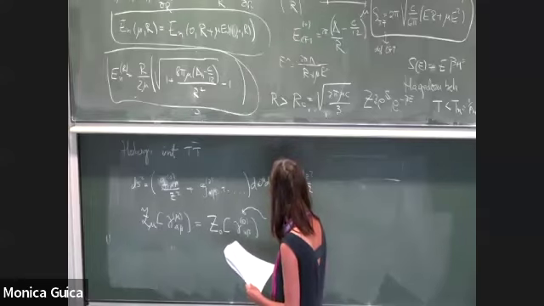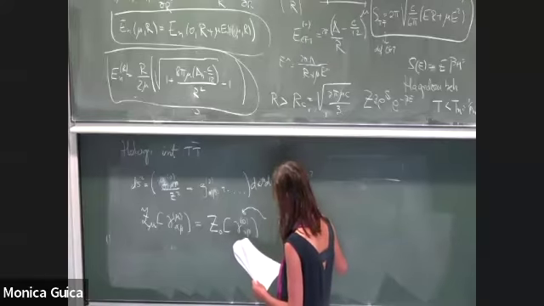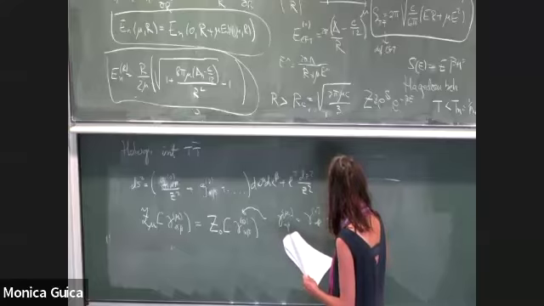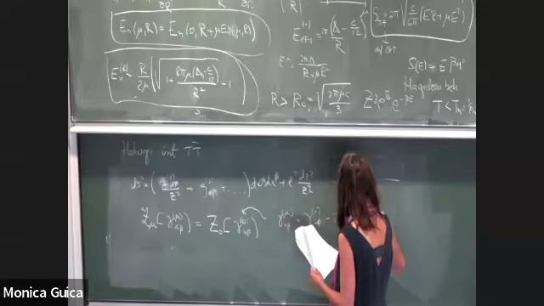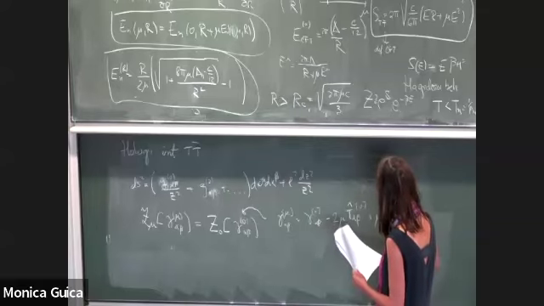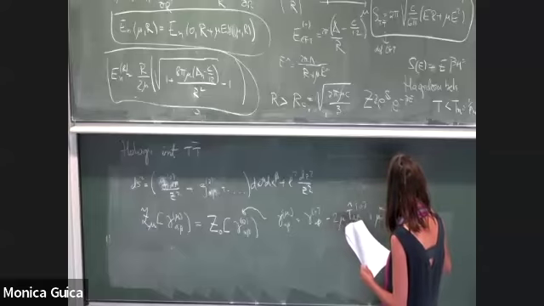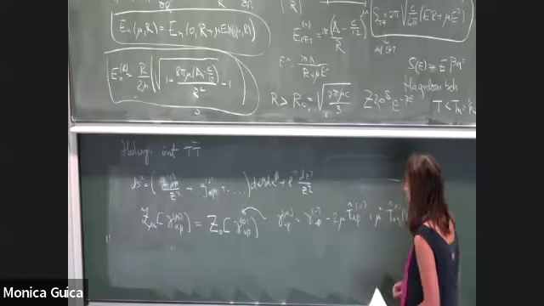Gamma mu alpha beta is gamma 0 alpha beta minus 2 mu t hat alpha beta 0 plus mu squared t hat alpha rho 0 gamma 0 rho sigma t hat sigma beta 0, something like that.